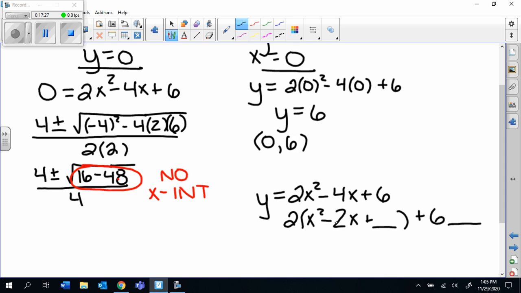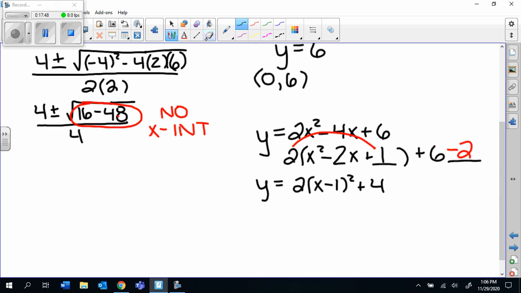So half of 2 is negative 1, squared is 1. This represents a positive 2 if I multiply it through, so I'm going to put a negative 2 right here to balance that. So I have y equals 2 times x minus 1 squared plus 4.